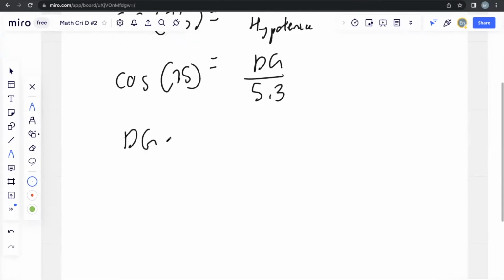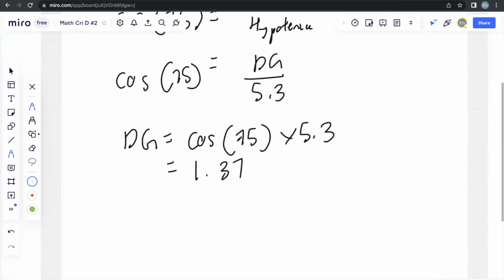So DG would be cos 75 multiplied by 5.3, in which the answer would be 1.37.